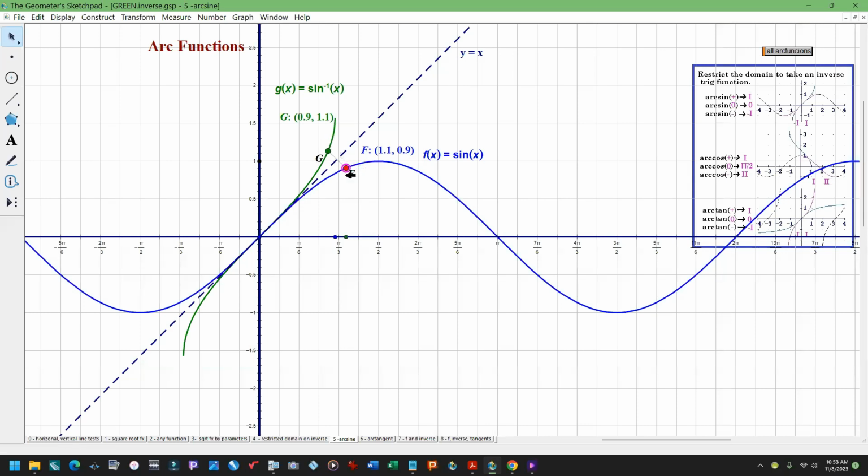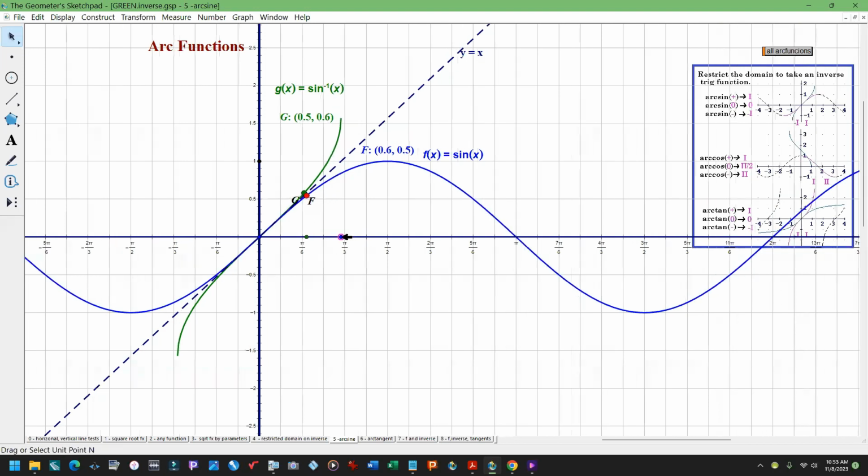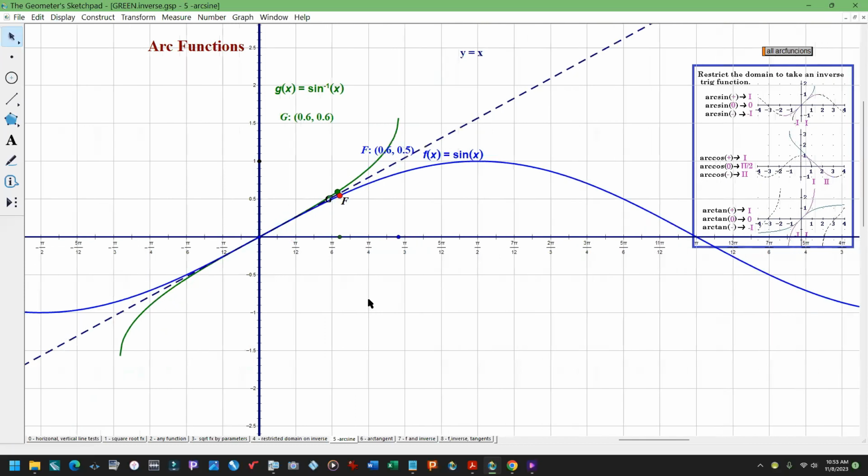And if I try and scroll it, let's see if I can get it to pi over 4. Now, let's try and move it a little more. There we go. Here's pi over 4. If I go to pi over 4, that's 45 degrees. The sine of 45 degrees, square root of 2 over 2. And that's a positive number.